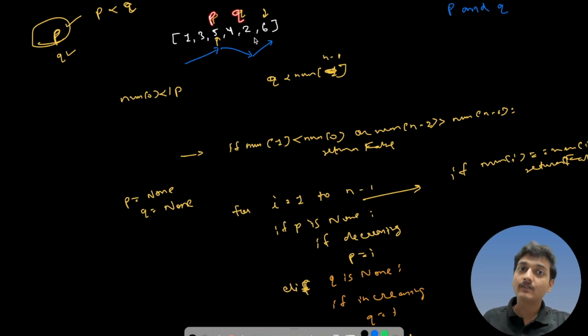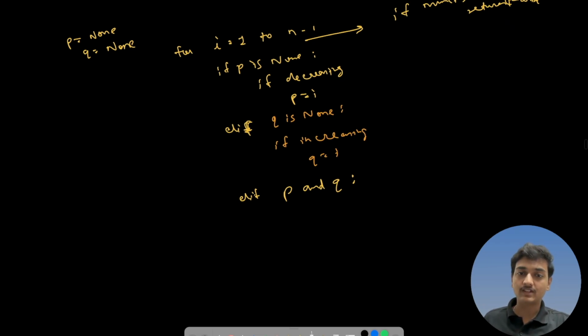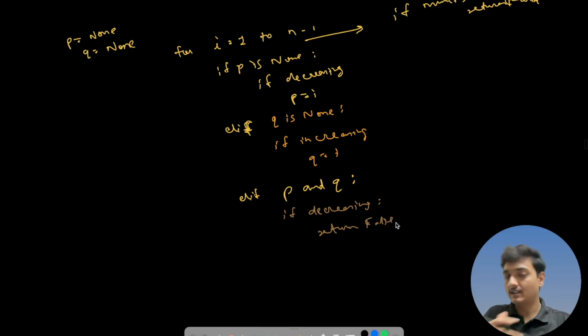I need to check only one thing, whether this Q to n minus 1 is strictly increasing or not. I need to check only this thing. If this is a valid condition, then I would say that my array is, yes, sorted. So sorted means, okay, problem is sorted, not array sorted. So I need to check if decreasing, as soon as I got something decreasing, then I can return a false. But if it's increasing, then no issue.